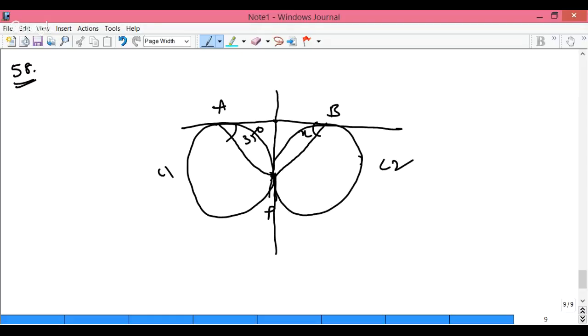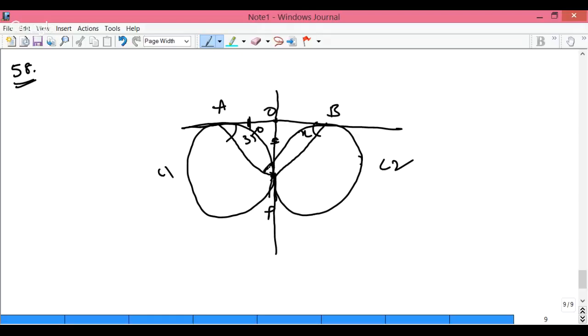Now see here, when you draw two tangents from a single point, the length of the tangents must be equal. Assume the point is O. Now AO must be equal to OP. Now this length and this length are equal, so when these lengths are equal, the opposite angles must be equal.